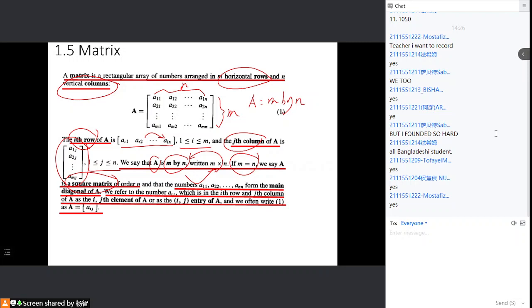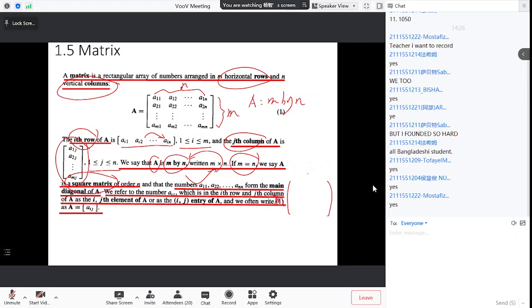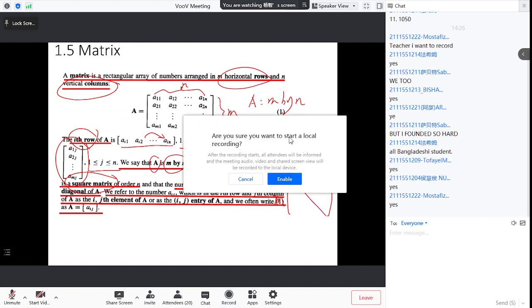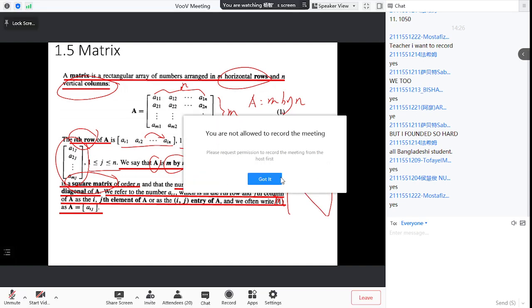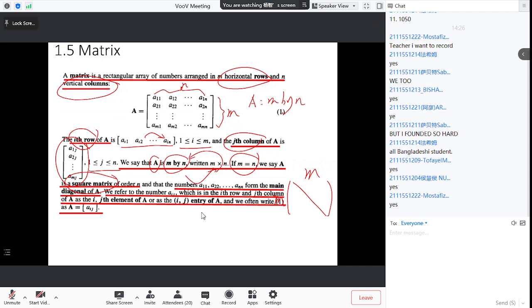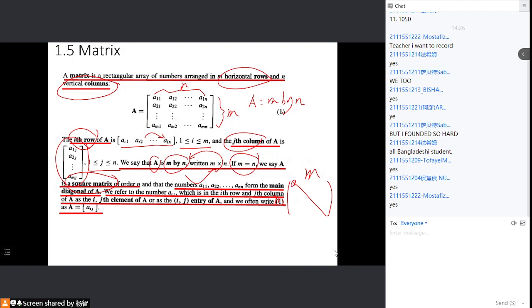And in the square matrix, it has n columns and n rows. In the square matrix, we have some elements on the diagonal of this matrix. These elements are A11, A22, and so on until Ann.